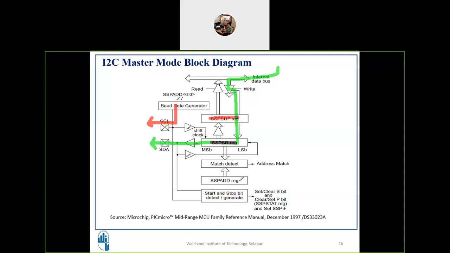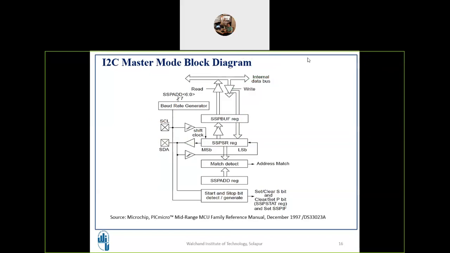Let us say the master is M and A, B, C, D are the slaves. In that case, suppose M wants to communicate with C. Initially M will send the address of C. If you are a slave, you will receive the address sent by the master.